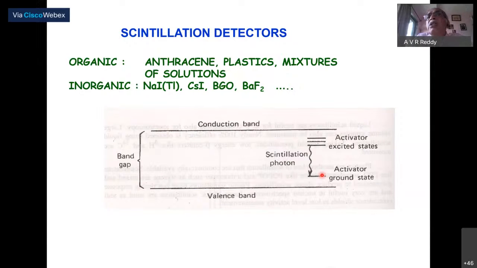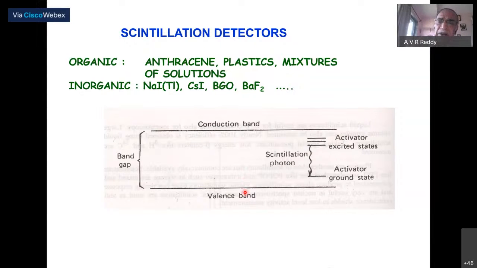If you use a good semiconductor, you can get resolution as low as 1.5 to 2 keV, right? That's why this has to be reduced. Whatever we do in inorganic scintillators, resolution will be poorer because many steps are involved.